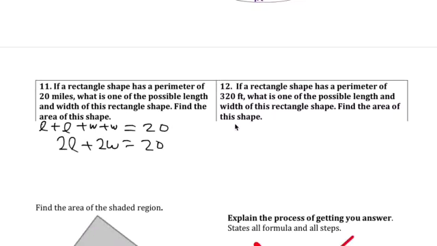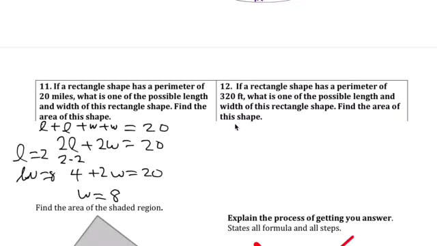Let's say the length is 2. 2 times 2, which is 4, plus 2 width equals 20. Well, then the width would be 8, right? Okay, so the length of 2, the width of 8, that will work.